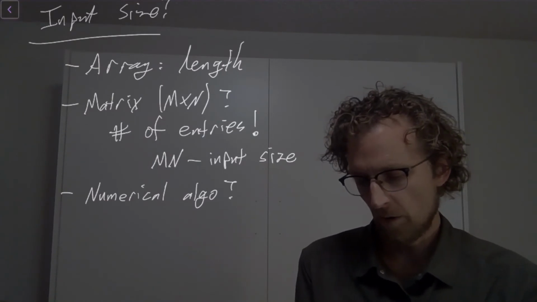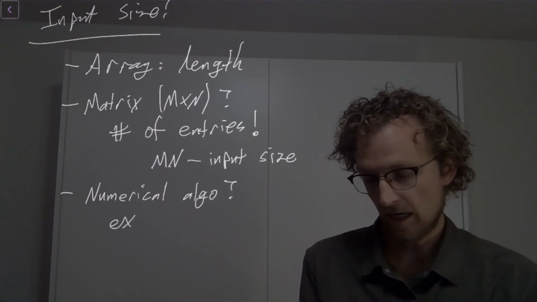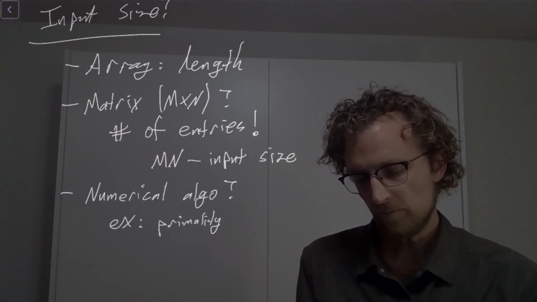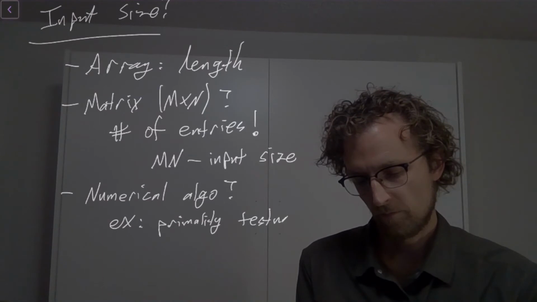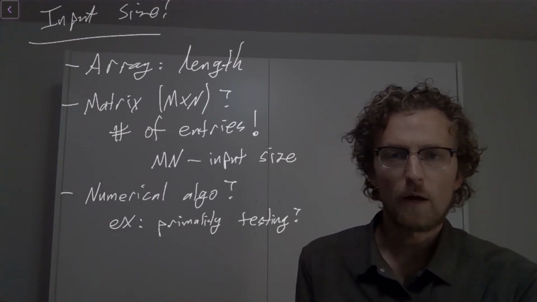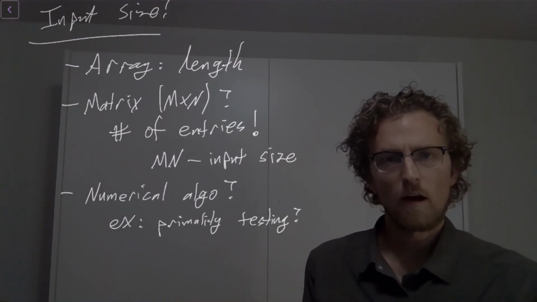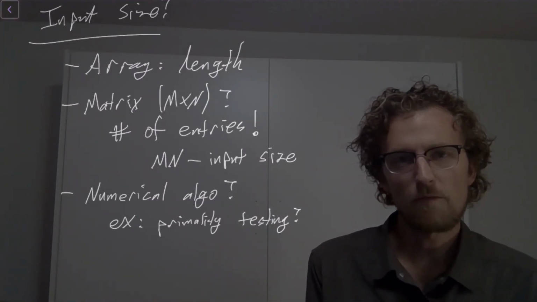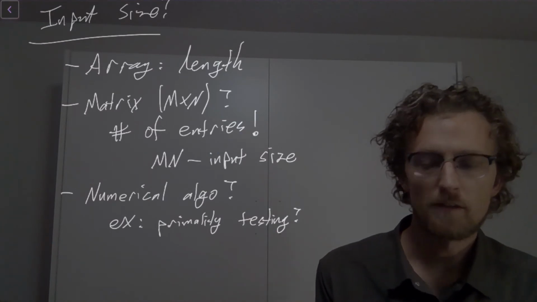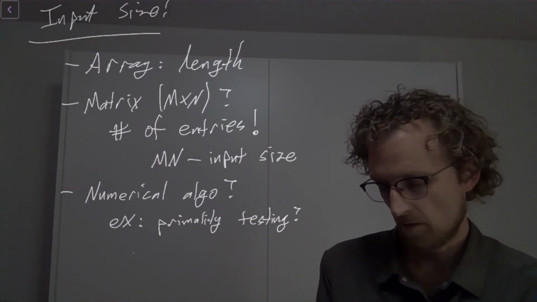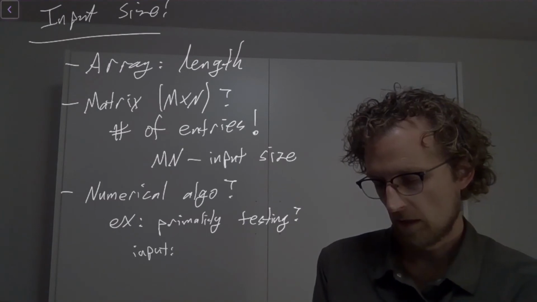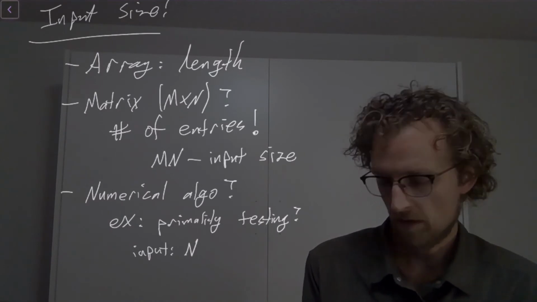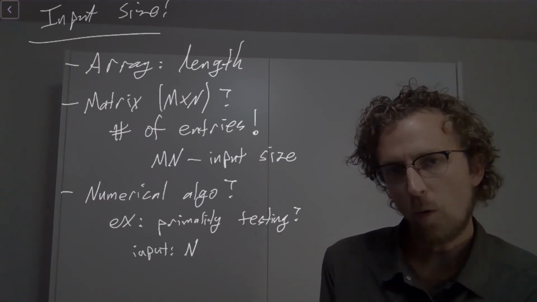We could call this the Primality Test. In primality testing, we get an integer, and the question is: is this integer prime or not? It feels like if the integer is, say, capital N, so the input is n, then we would be tempted to say that n is the size of the input, but that wouldn't quite be correct.